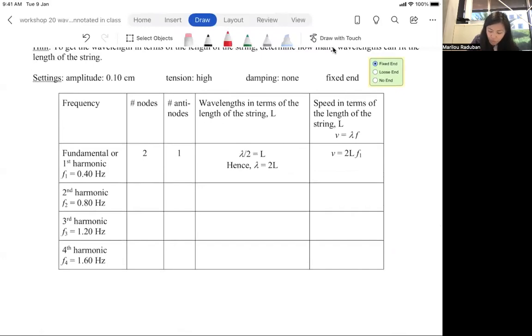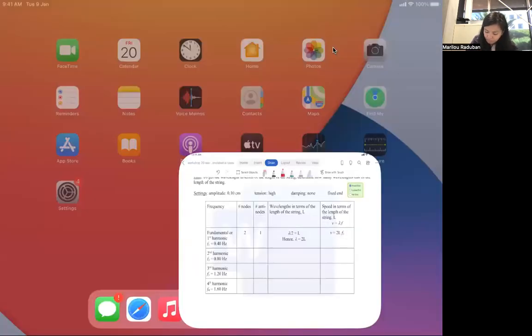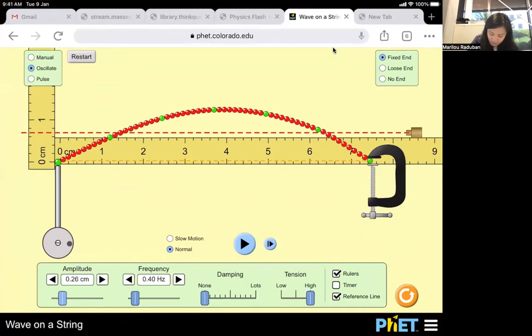So the amplitude is 0.1, tension high. You can use any amplitude because, as we've seen earlier, the amplitude does not really affect the wavelength and the speed.